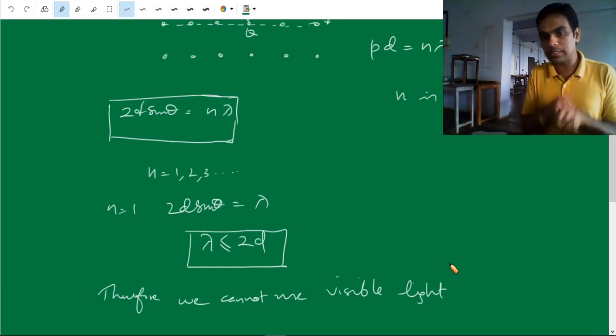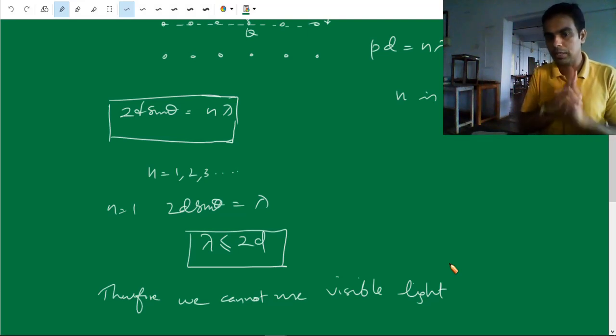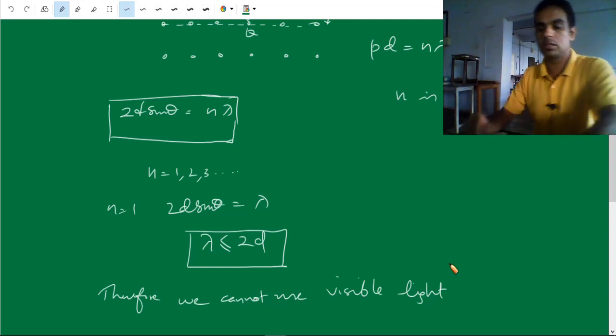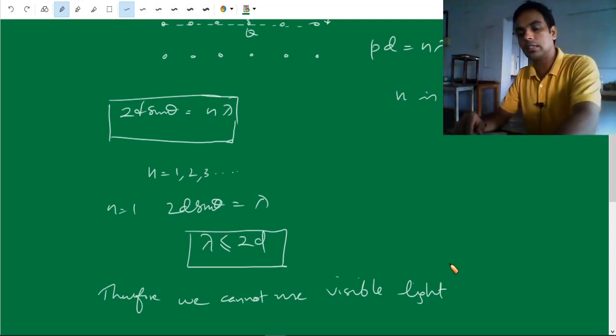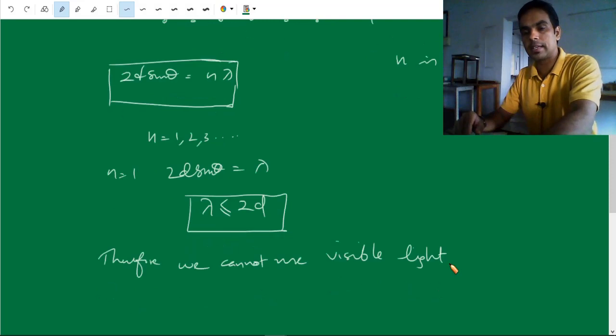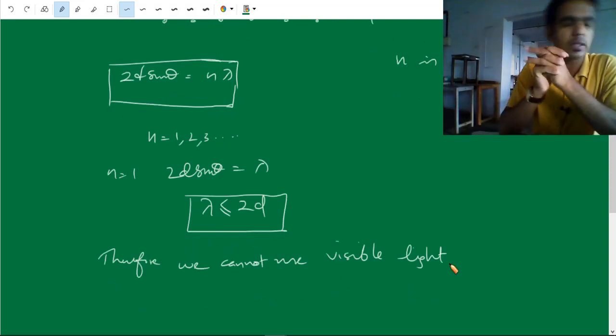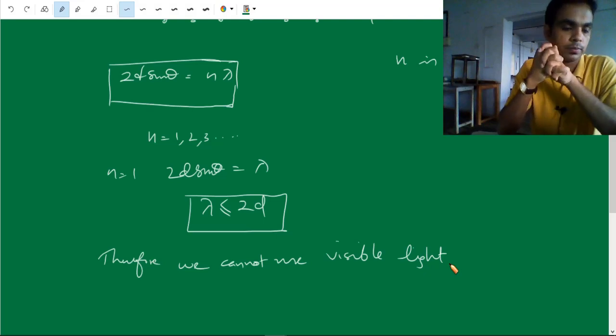But the condition is that the wavelength should be less than or equal to 2d. So to study the crystal structure, X-ray scattering can be used, or neutron scattering or electron scattering.